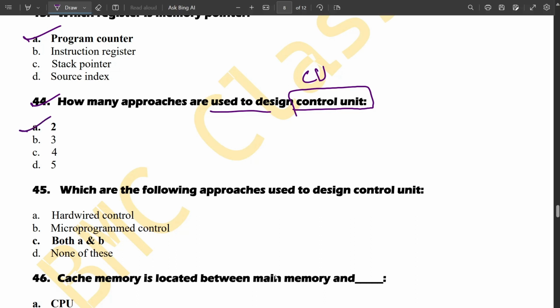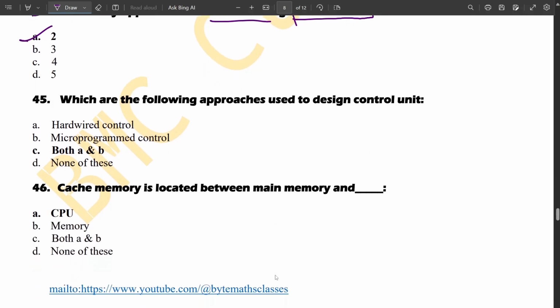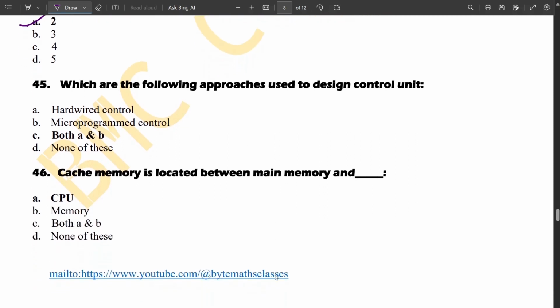So the answer will be option number 2. Two approaches are used to design a control unit. Which are the following approaches? Hardwired control and microprogrammed control. Option A and B are correct.